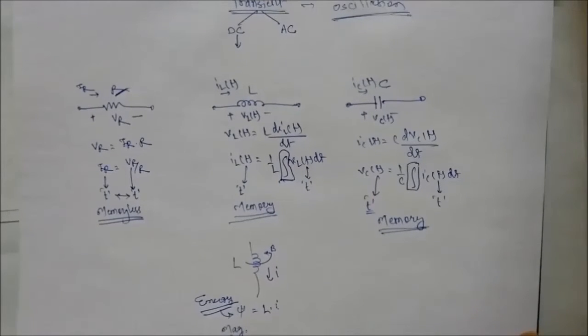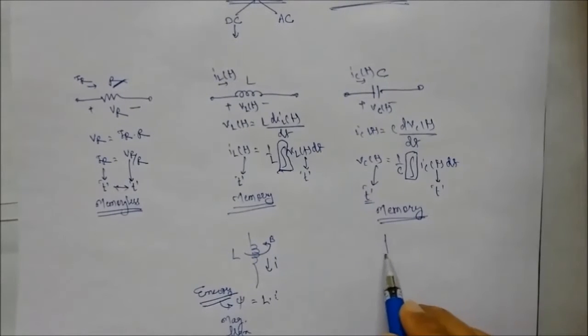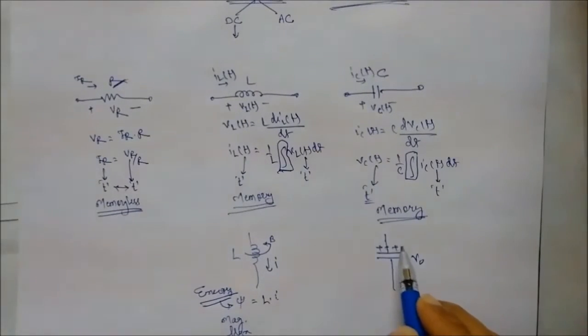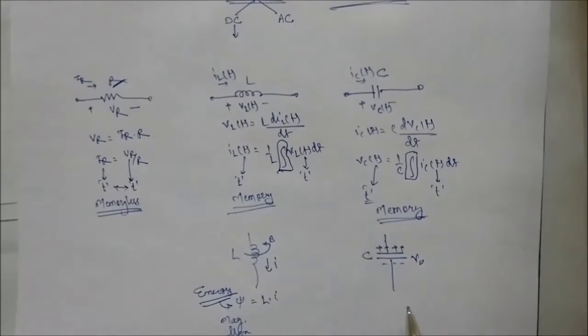Similarly, in the case of capacitor, let's say V0 is the voltage across the capacitor and the capacitor's value is C, then the charge stored on the capacitor is given by CV0. So energy is stored in the capacitor in the form of electric charge.